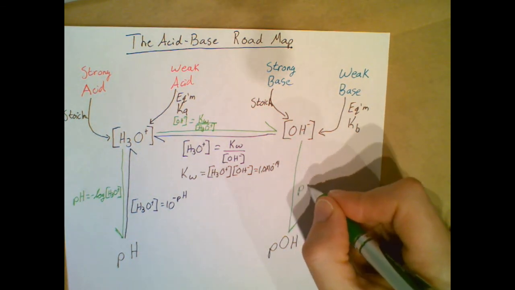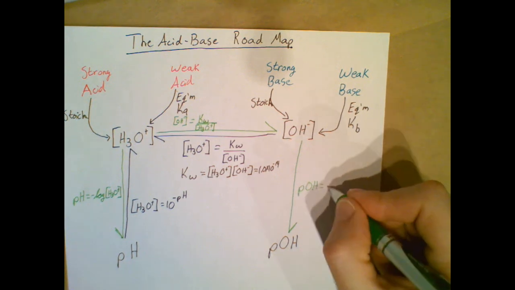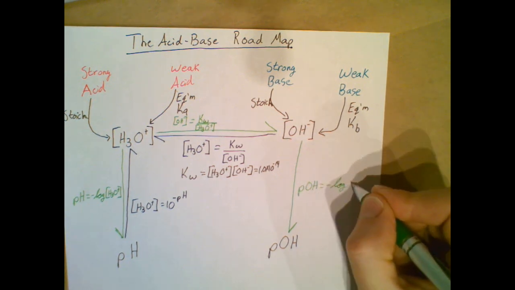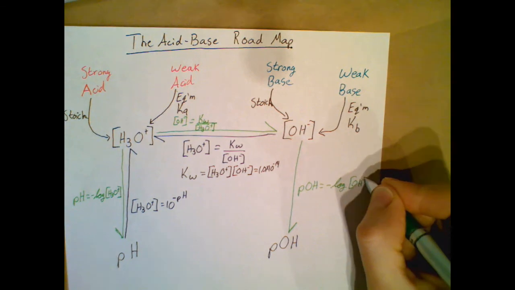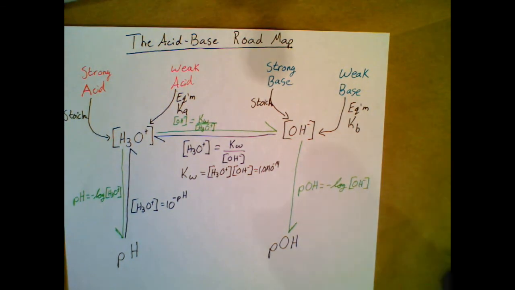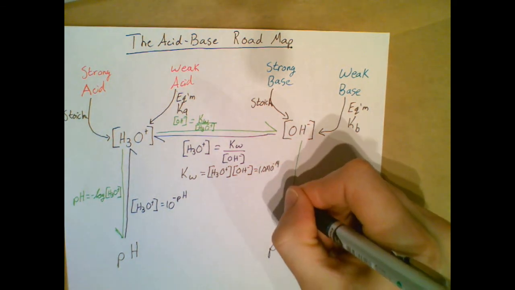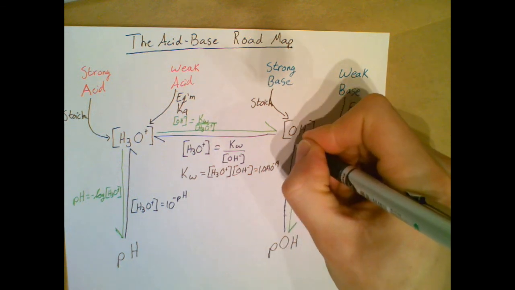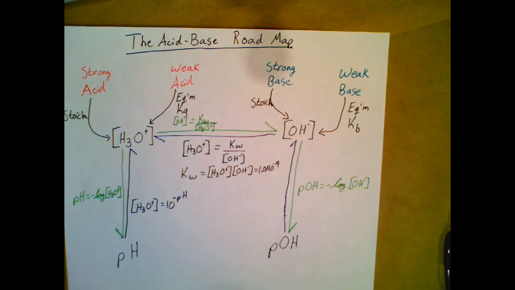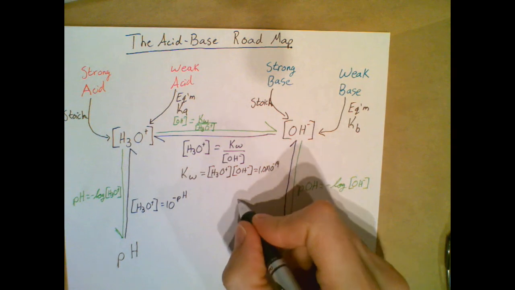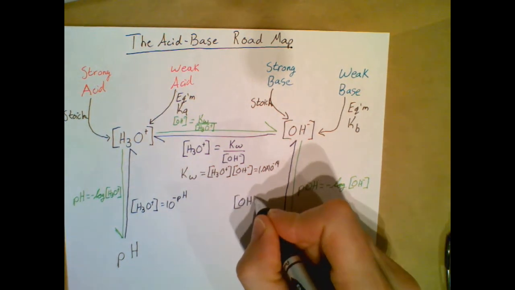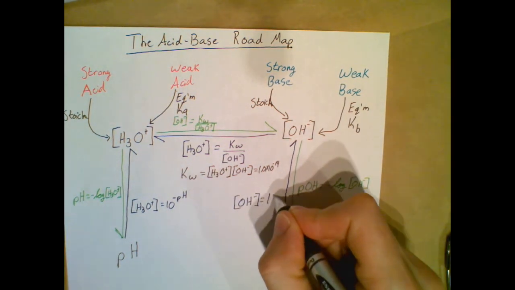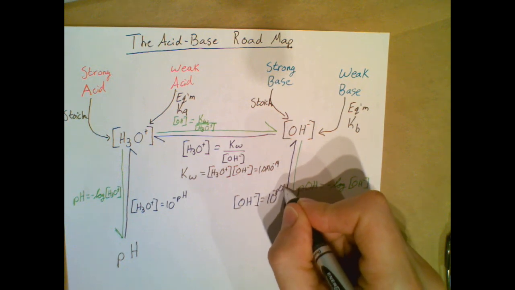Well, the pOH is the negative log of the concentration of OH minus. And what if I know the pOH and I wanted to be able to solve the concentration of OH minus? Well, remember the concentration of OH minus is going to be 10 to the negative pOH.